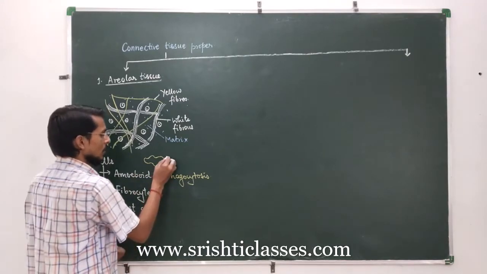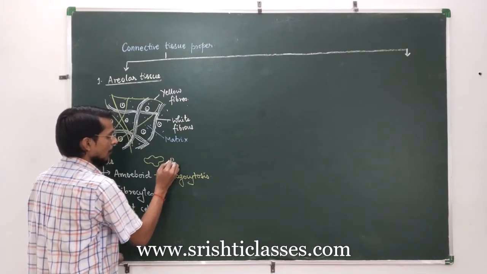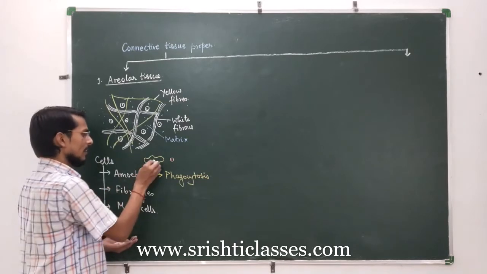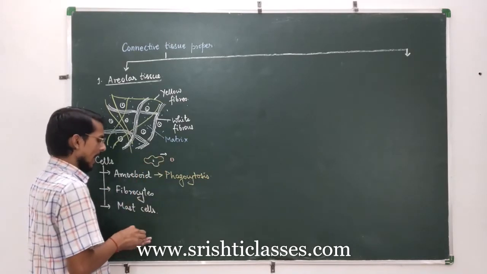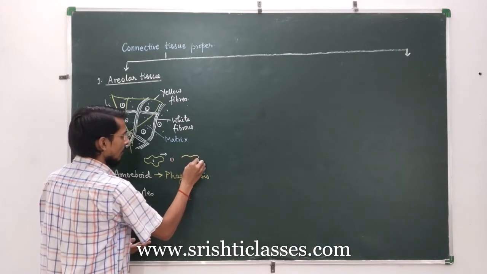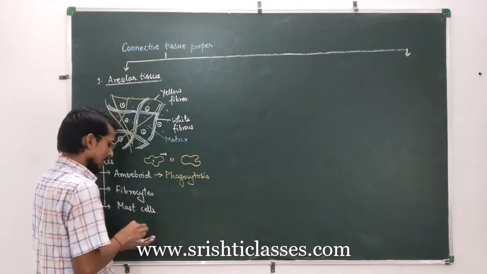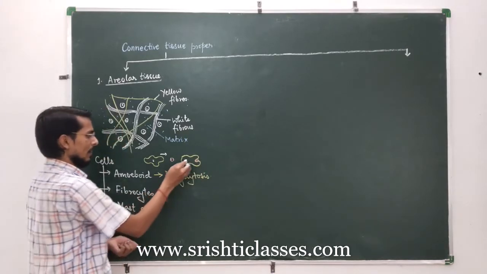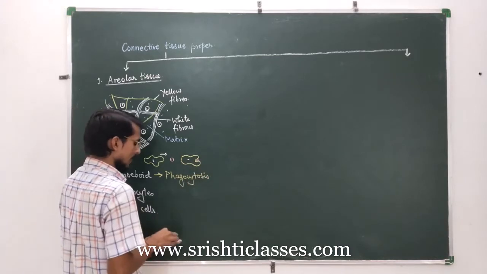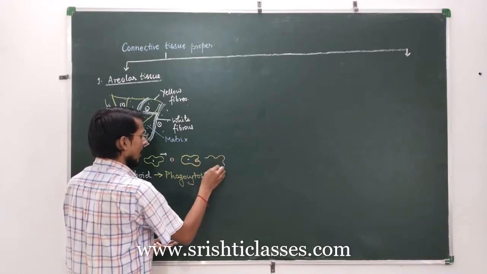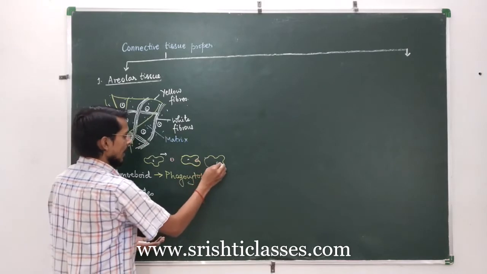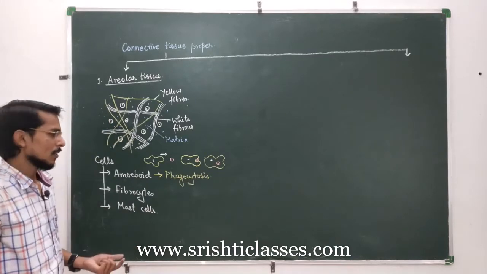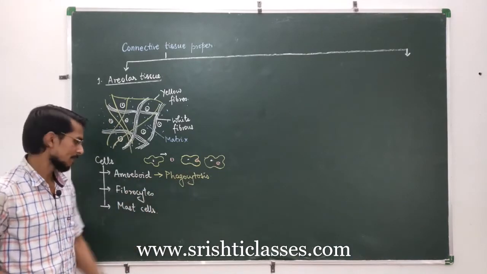As soon as some disease causing organism enters into our body or that particular area, then this amoeboid cell moves towards it, and finally it engulfs that foreign organism like this, and after some time it will further change its shape and take that organism inside it, and it will digest it, means it will kill it. Okay, so this process is called phagocytosis.